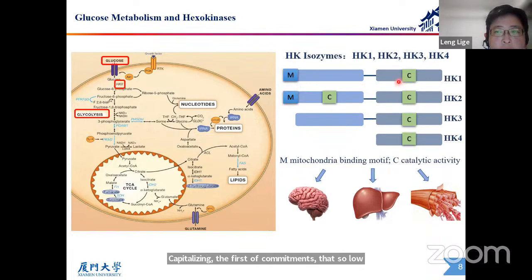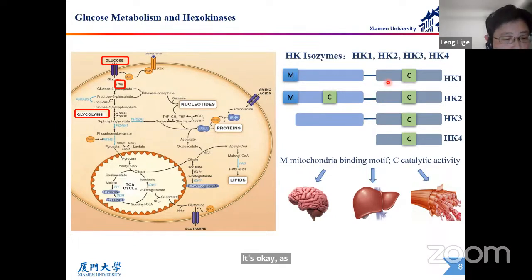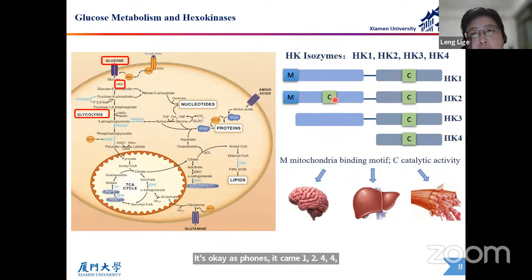Among the four HK isoforms, HK1, 2, and 4, we can see that HK2 has two catalytic activity units, and only HK1 and HK2 have the mitochondrial binding motif.